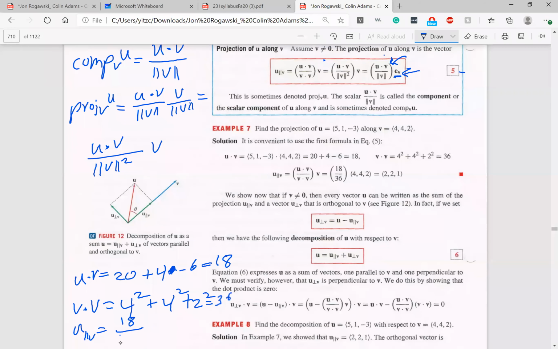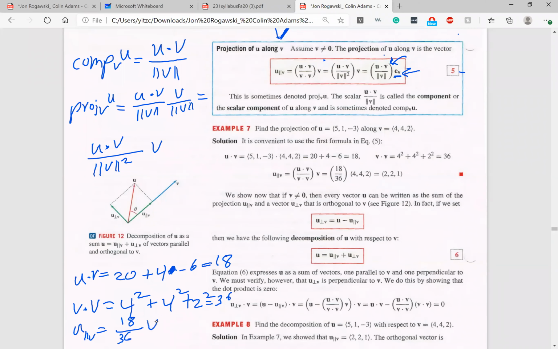So over 36, times the vector v, whatever that is. And yeah, so this is 18 over 36, times v, perfect. And that ends up being (2, 2, 1). So that's the vector that we end up getting. Okay, is this understood?